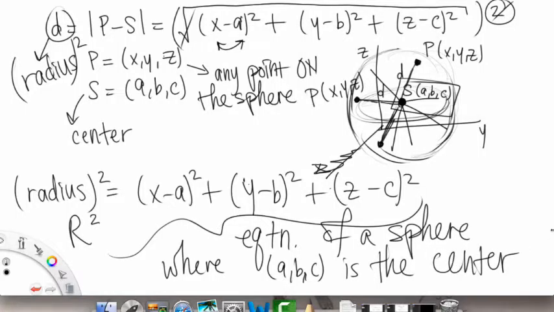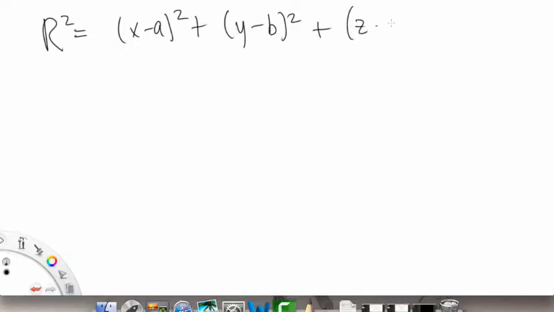All right. Okay. So we dealt with the sphere here. So we have our equation for the sphere: r squared equals (x minus a) squared plus (y minus b) squared plus (z minus c) squared. So this is our equation for the sphere. But what happens if we drop the z component entirely?